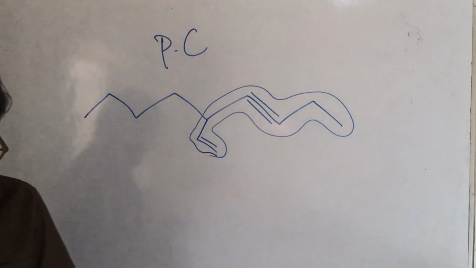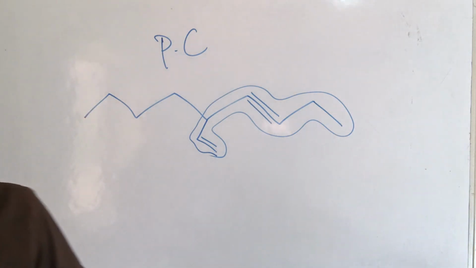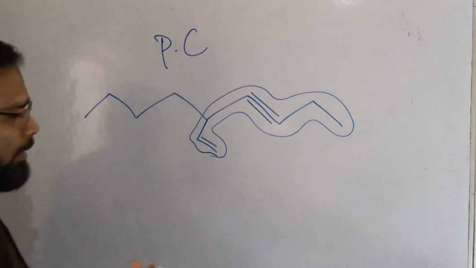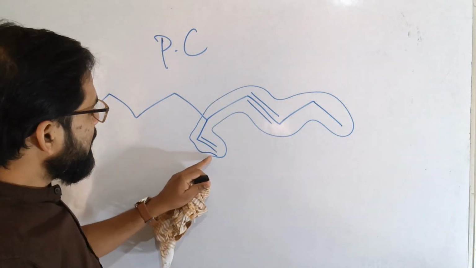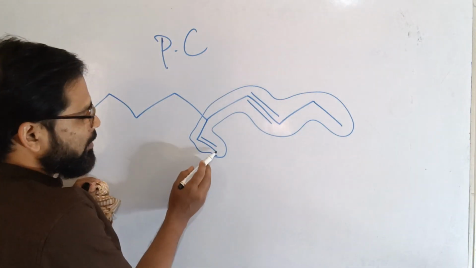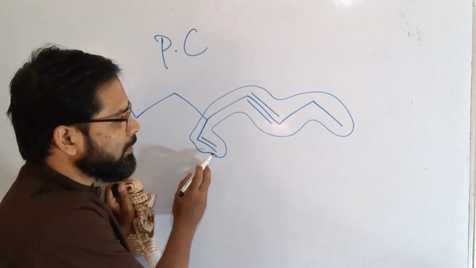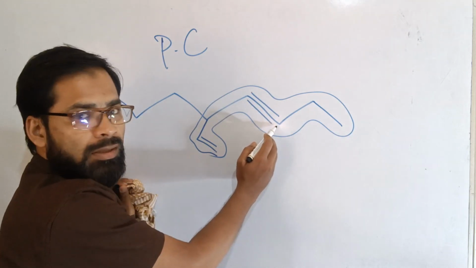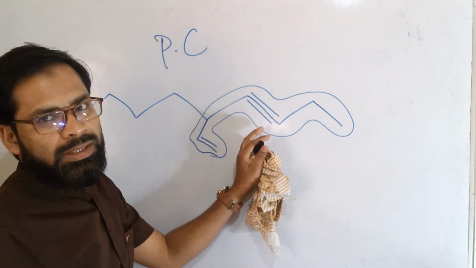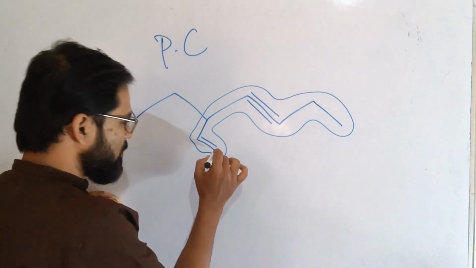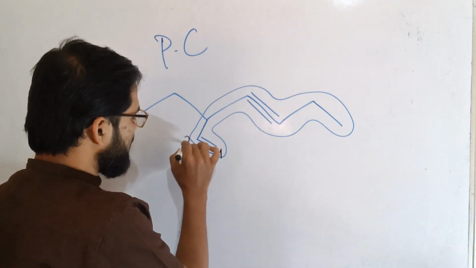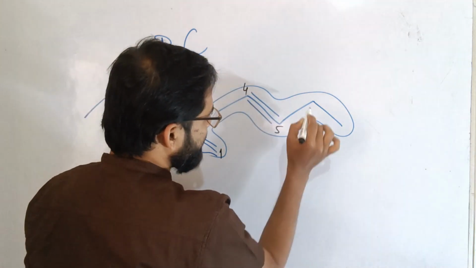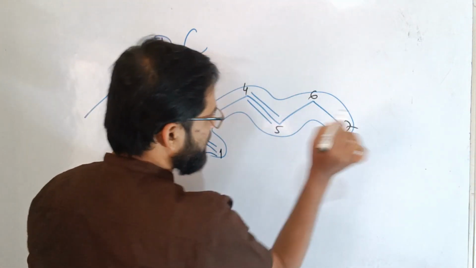Clear? Now the numbering. What will be the numbering? Definitely the numbering will start from here because the first carbon gets the double bond. Here first, 1, 2, 3. The third carbon will get the substituent. So definitely this will be the first, second, third, fourth, fifth, sixth, seventh.